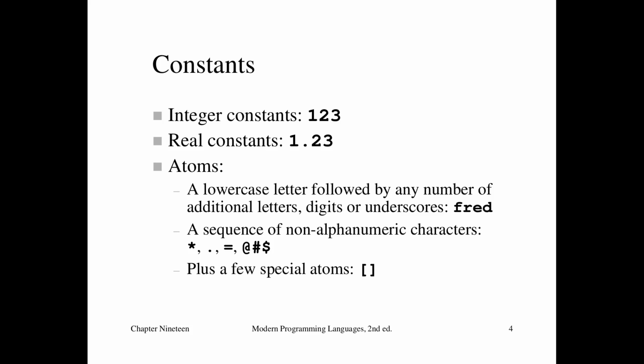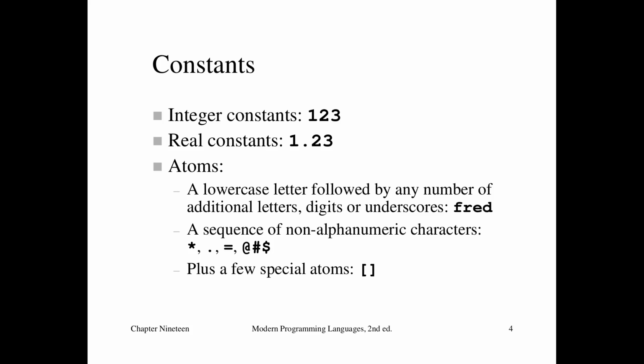But it's really just a lowercase letter followed by any number of additional letters, digits, or underscores, for example, the name Fred. Or it can be a sequence of non-alphanumeric characters like star, dot, equals, at, hash, and dollar. And then there's a special kind of atom like the empty square brackets.